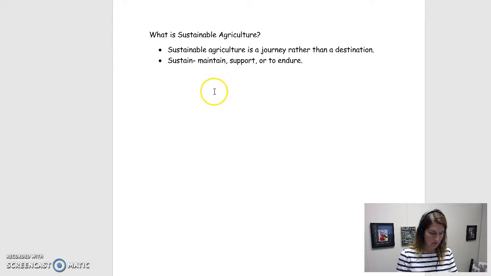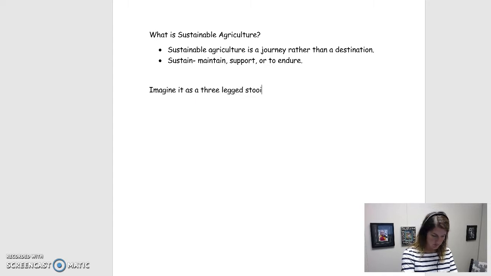So again, imagine it as a 3-legged stool.